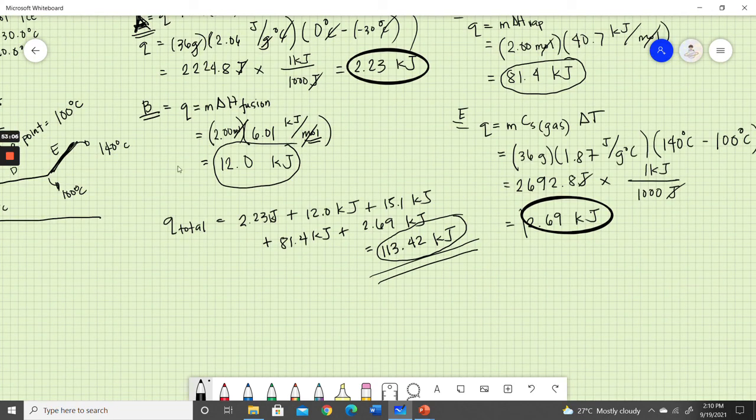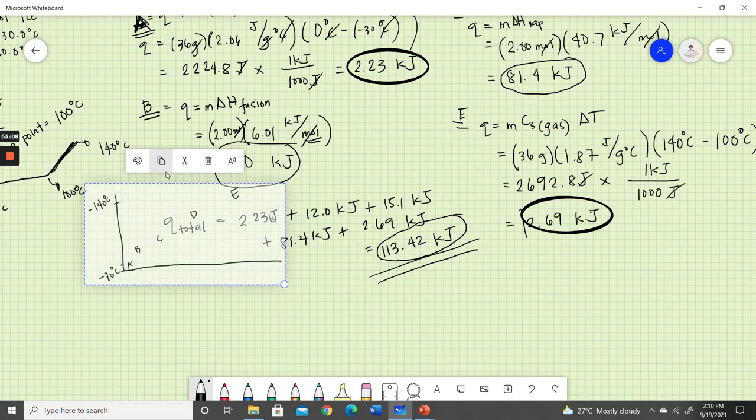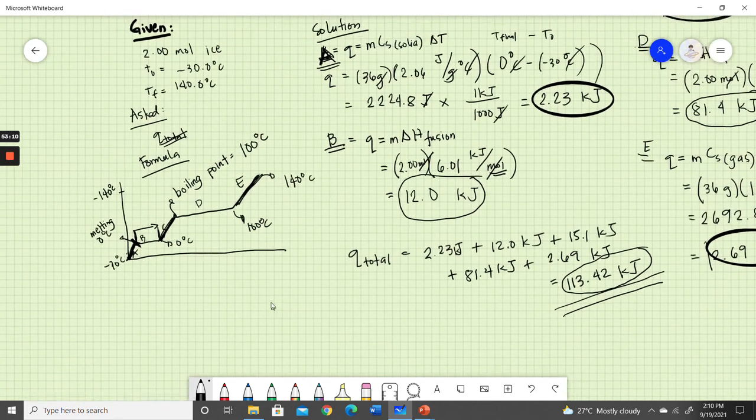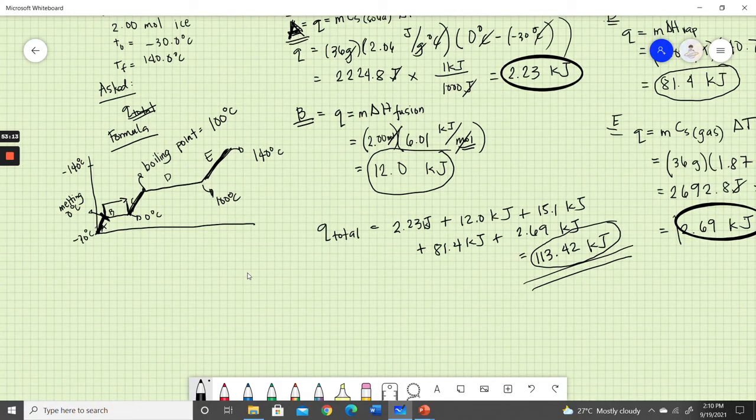So how is this different if we use what we call a cooling curve? The only difference is that this number would be negative, because remember, for a cooling curve, the temperature change in these equations is negative, so all the answers would be negative, and then you just have to add everything.